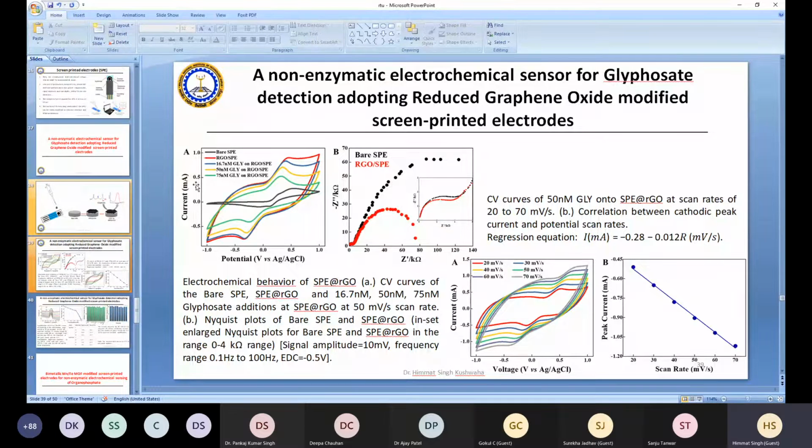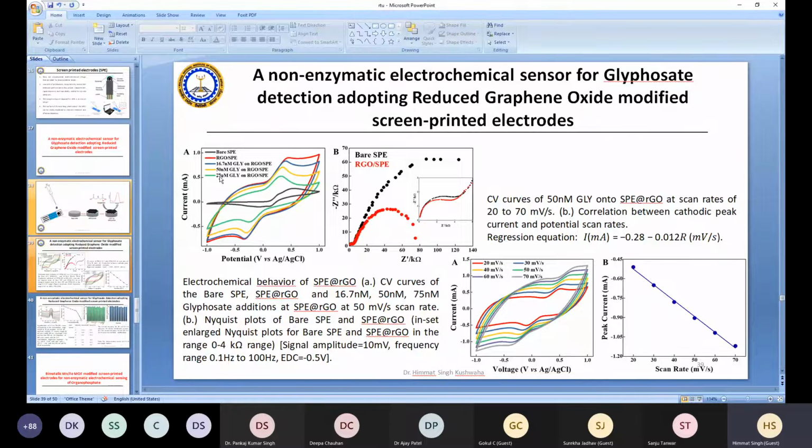Within this cyclic voltammogram, you can see that when we functionalize the surface of the SPE, the black curve is for the bare SPE, and when we functionalize it using RGO, reduced graphene oxide, a current signal at the particular potential is generated.